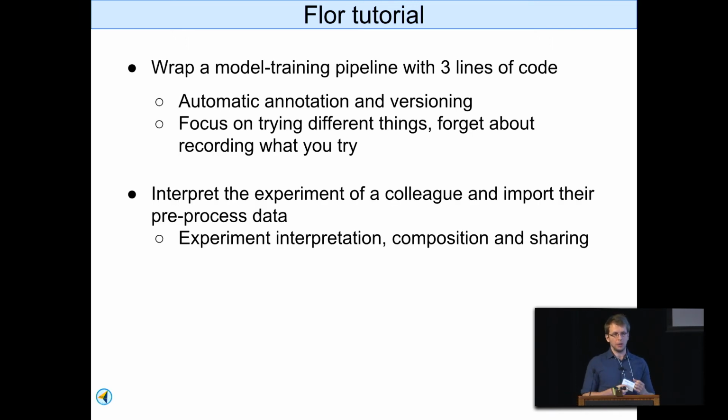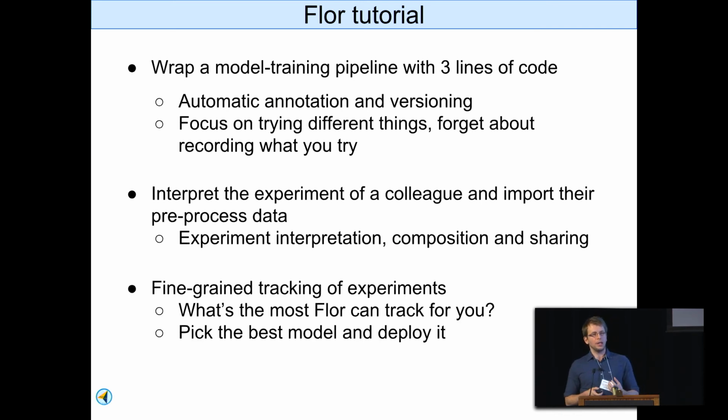Next, you're going to learn how you can interpret a Flor experiment someone else has shared with you, and how you can reuse some of someone else's artifacts in your own experiment. Lastly, you're going to annotate the experiment you've been developing in as much detail as possible, and as a result, you will not always have to rerun and retrain models, because you may be able to reuse models that you've previously trained.